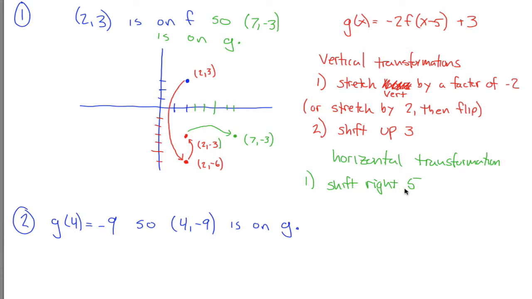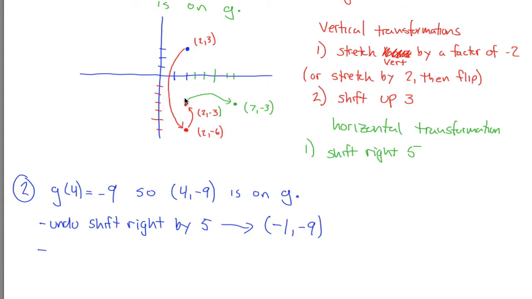The last thing I did is shift to the right by 5. If I undo my shift right by 5, that takes (4, -9) to (-1, -9). To undo shifting right 5, you shift to the left by 5. My x-coordinate changes from 4 to negative 1, but the y would stay the same.